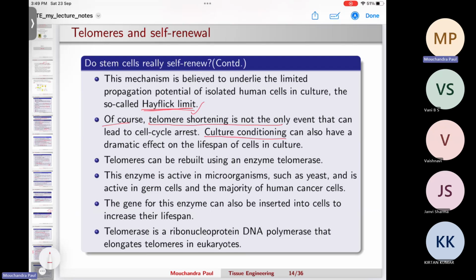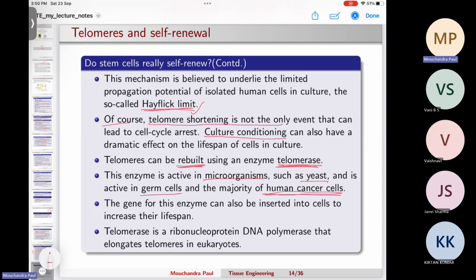Now the telomeres can be rebuilt, means you can replenish the lost length in the telomeres by using an enzyme called telomerase. The activity of this telomerase is seen in microorganisms like yeast. It is also active in the germ cells like the egg cell and the sperm, and it is also active in a majority of human cancer cells.